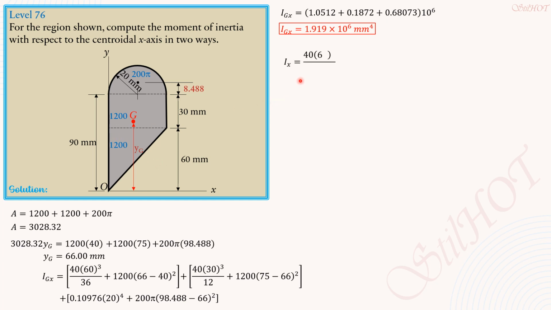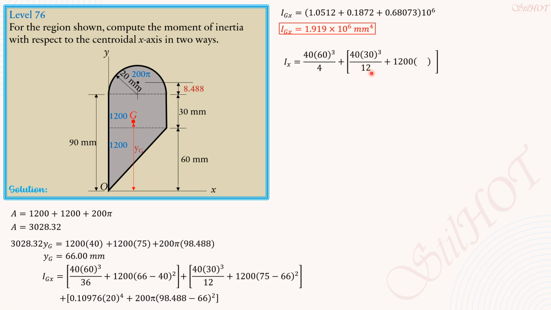So Ix is equal to 40 times 60 cube over 4, then plus for this rectangle here we have to transfer base 40 height 30 cube over 12 with respect to the centroid plus area 1,200 times distance 75 square, distance of its centroid from the x-axis.